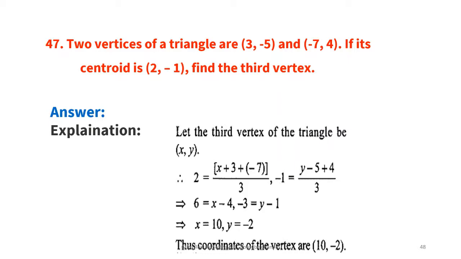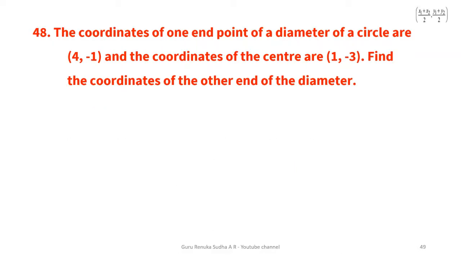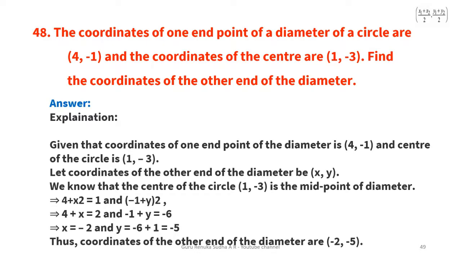Okay, next move on to the 48th problem. They are asking you to find the coordinates of the other end of the diameter. Here it is explained in detail. Using the midpoint formula, you can easily calculate the coordinates of the other end of the diameter.